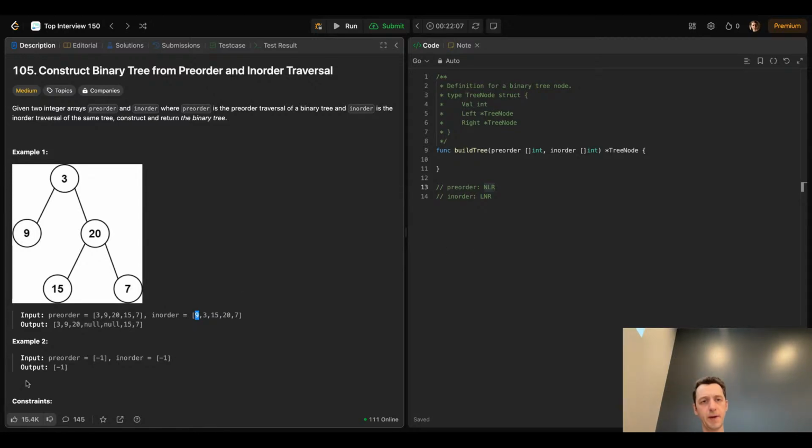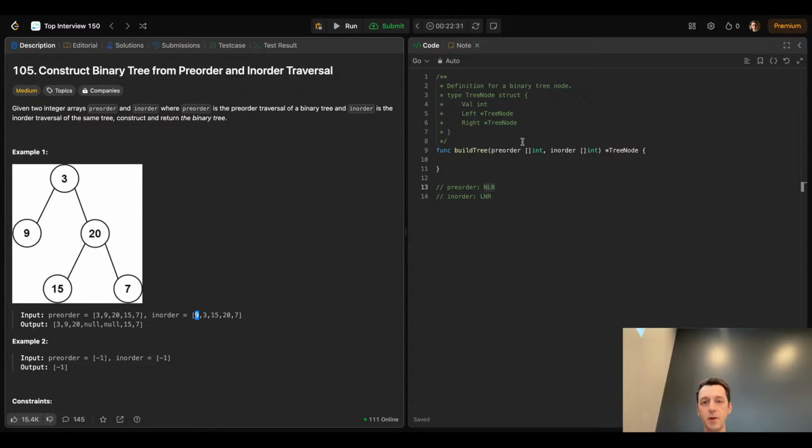Inorder is left node right. This is like node left right. This is left node right. So essentially they are the opposite. But they start at different positions.